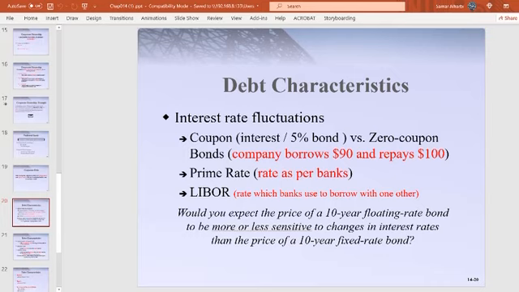Banks use the London Interbank Offered Rate, the rate at which primarily European banks borrow from each other, as a basis. They follow LIBOR. So again, LIBOR is the rate at which banks borrow from each other, and we also use it for derivatives.